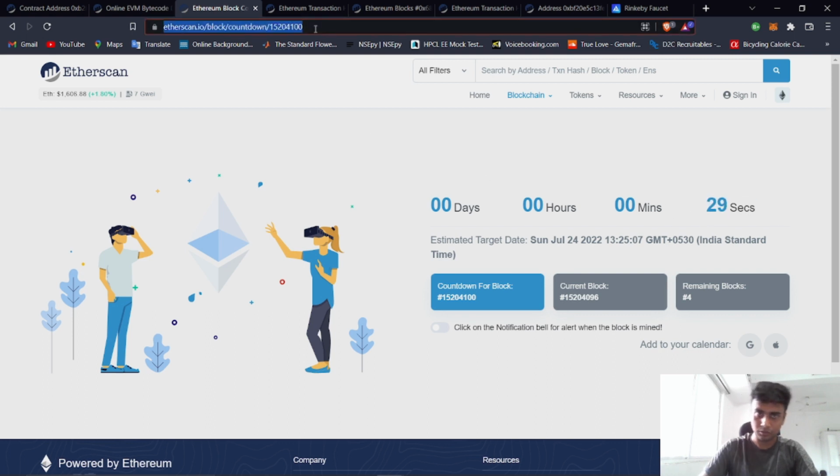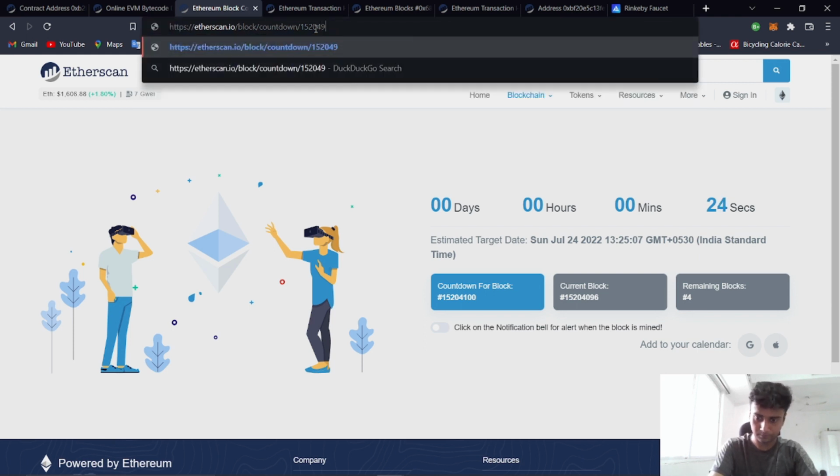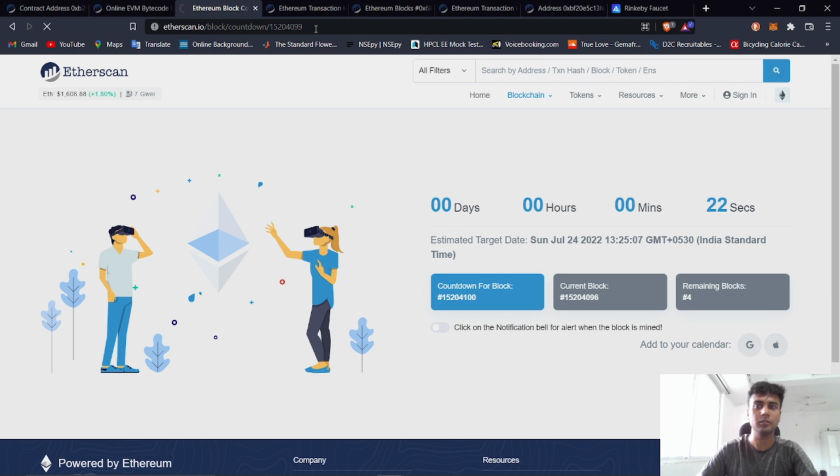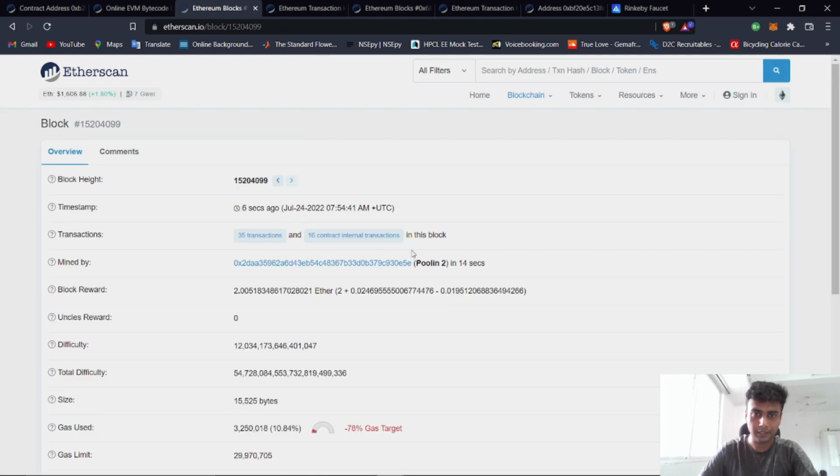Okay, we can go to 99. That must be blocked, 099. Okay, yes, this was blocked like 14 seconds ago. So blocking is going on. Blocks are getting added. The blockchain is growing infinitely. It's very interesting. And the gas we can see right here is 7 Gwei.